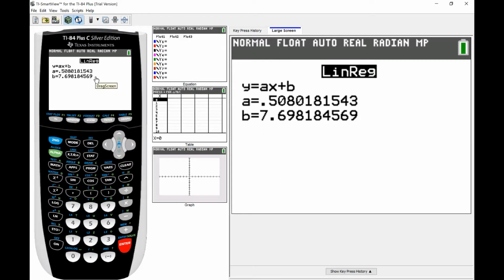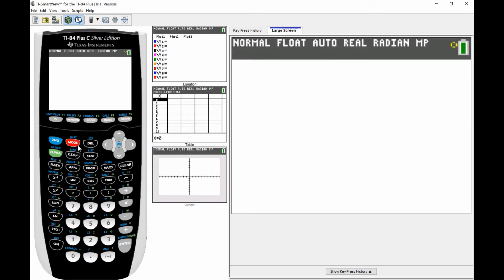The next thing on your notes says to predict the value of y when x is 14. So we're going to use that regression equation. I'm going to take that equation, 0.51, and instead of writing x, I'm going to plug in 14 for x.